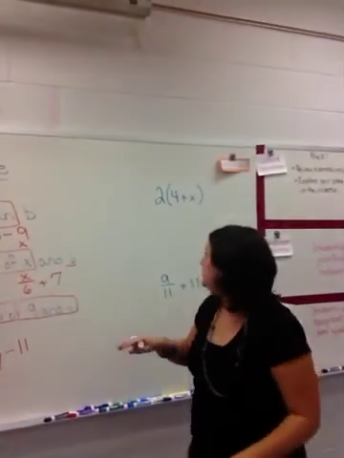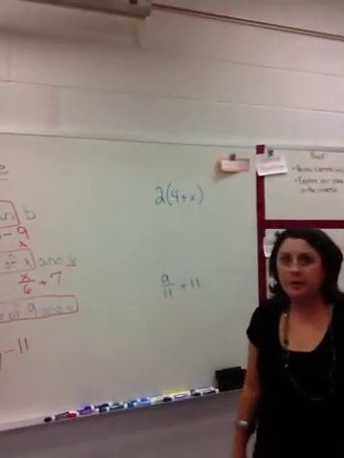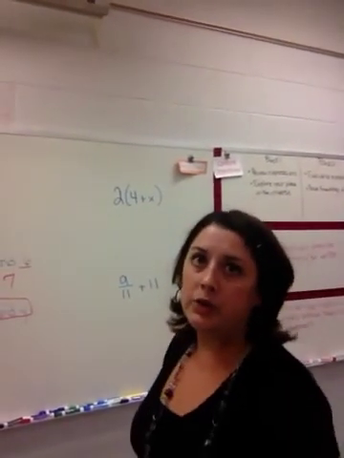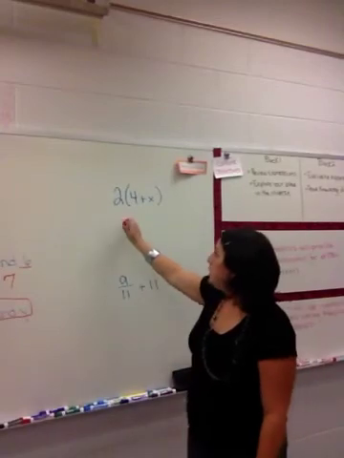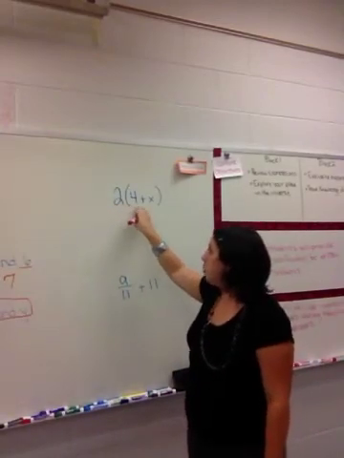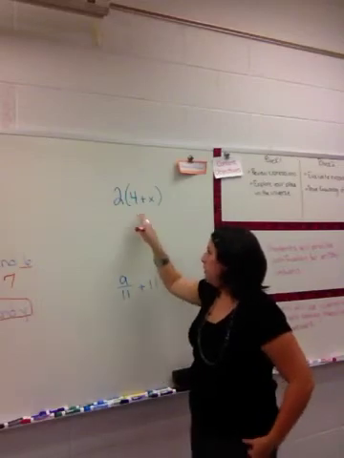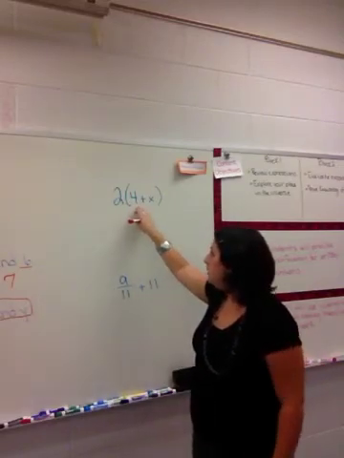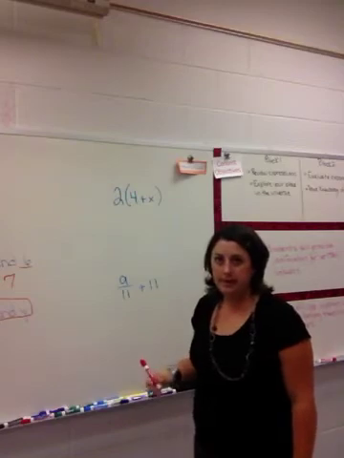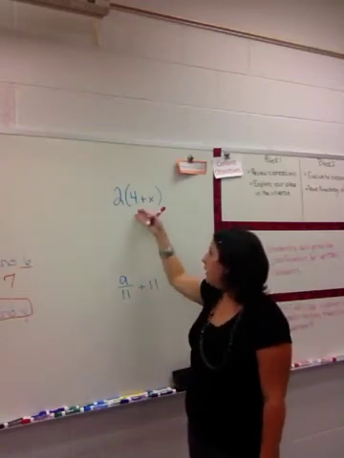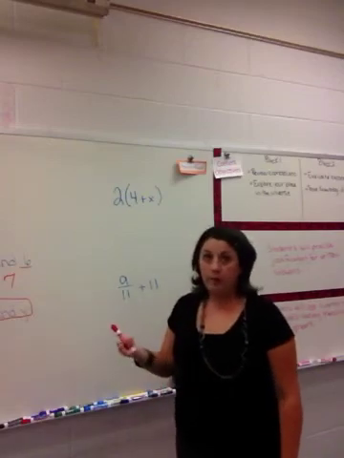All right, so the second thing I might have to do is take it from algebraic form and put it into words. So for example, I have a 2 outside of a parenthesis with 4 plus x on the inside. Well, we know from the order of operations that anything inside parentheses means I do it first. So I would take a look at my keywords here. I could say that in many ways. I could say 4 plus x.